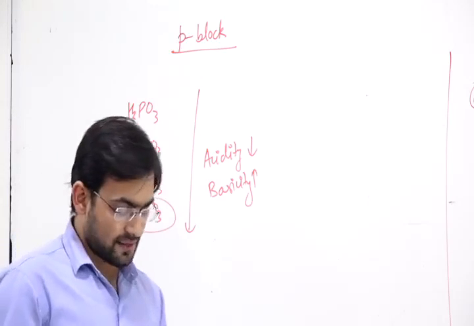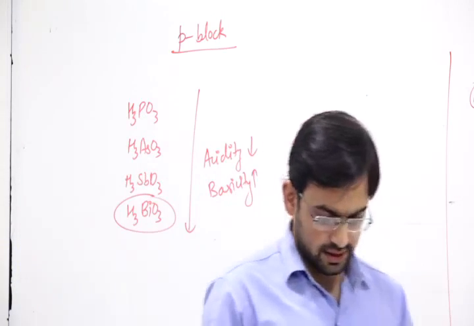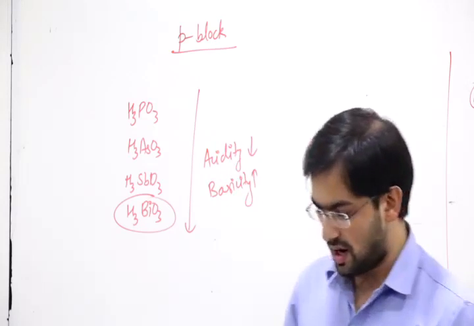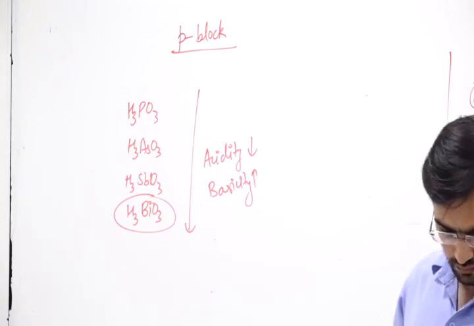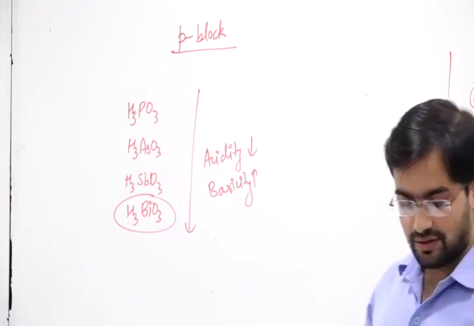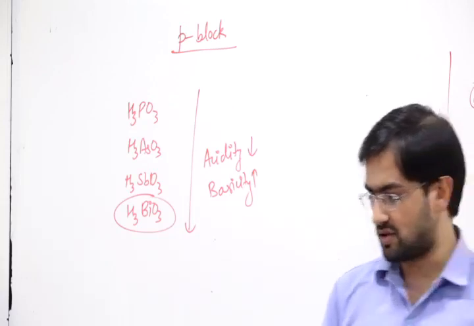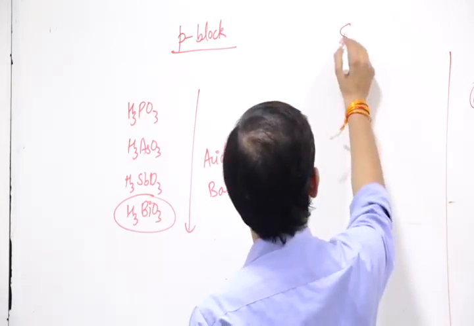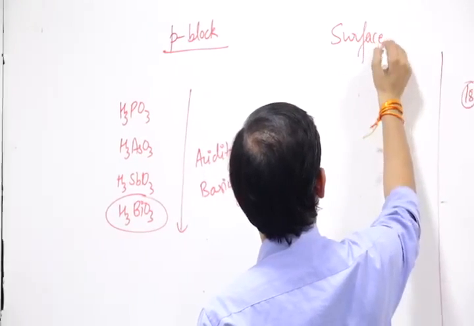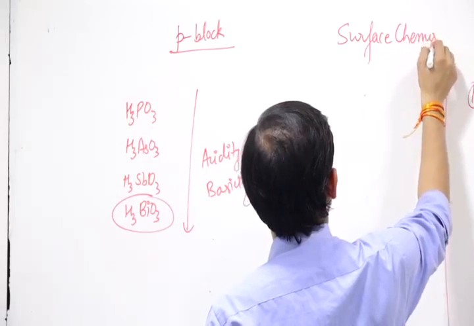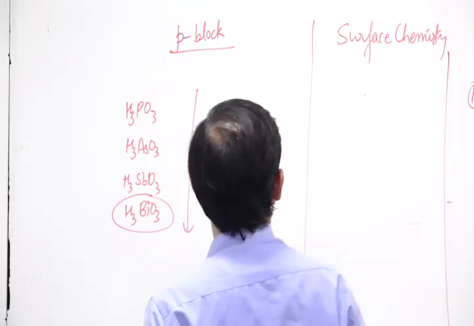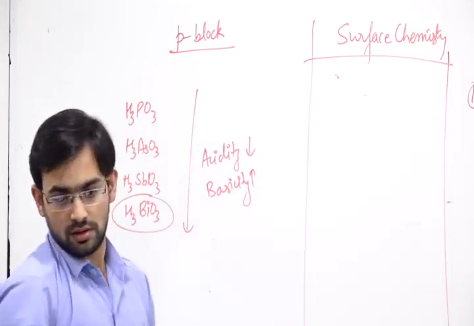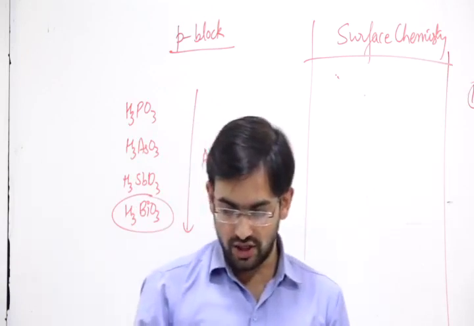What was the next chapter I gave in the homework other than solid state and P block? Right, surface chemistry. I gave surface chemistry also. Doubt in surface chemistry?